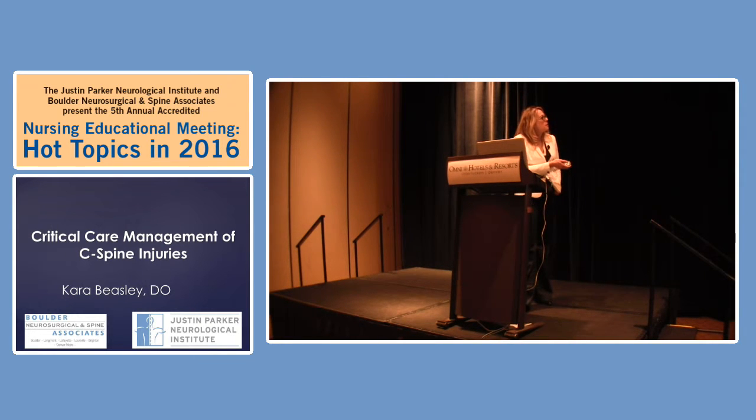Compression burst type fractures can be seen. Anterior wedging of the vertebral body, little teardrop fractures off of the anterior inferior portion of the body implies compression fracture. Anything greater than 40% of normal body height is a burst fracture and likely has retropulsion of the elements into the canal.